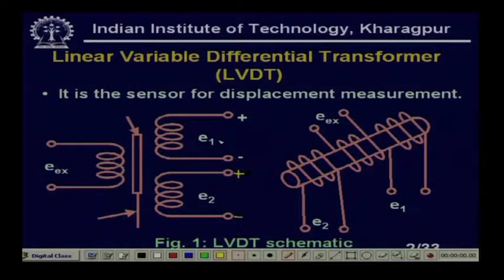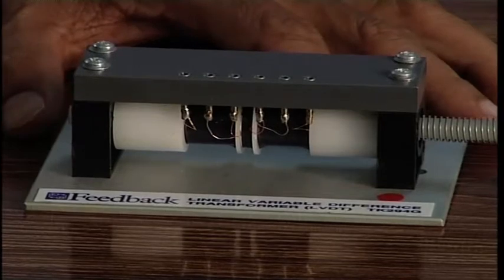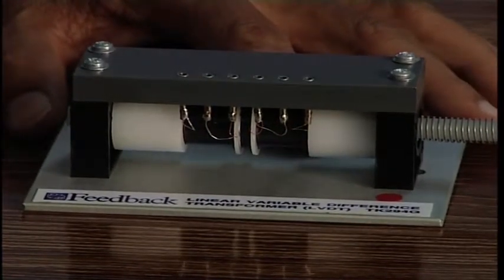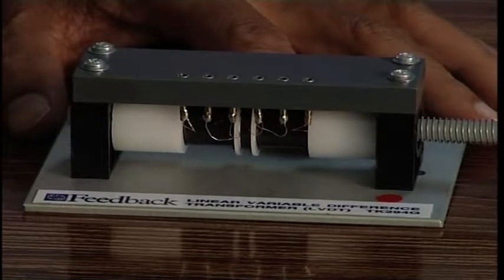Now, let us go to the instrumentation lab of IIT Kharagpur and have a look at the LVDT. You see the LVDT, linear variable differential transformer, it has one primary and 2 secondaries.